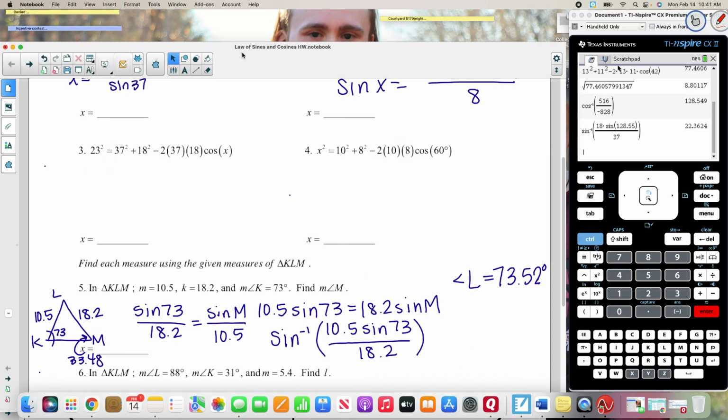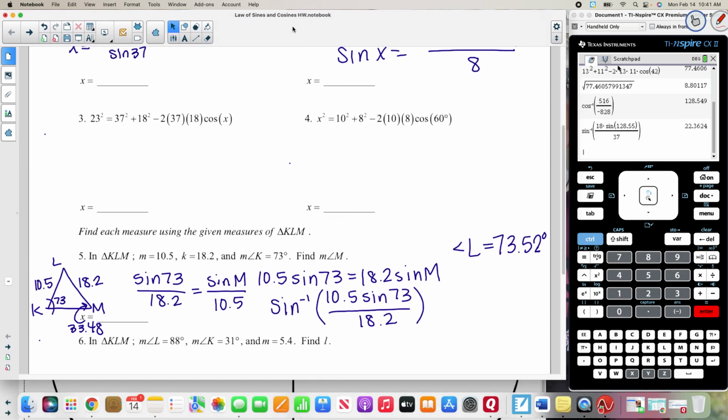Number 3: I want you to work through it and try to put it in your calculator correctly. We're going to check it in just a minute.